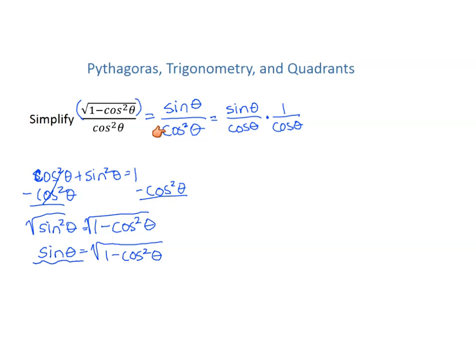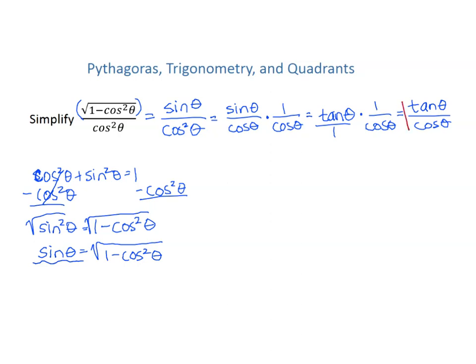Because all I did here was take the cosine squared and break it up into cosine times cosine on the bottom. Then I can keep going because I know that sine over cosine is tangent. So I could write tan theta times 1 over cosine theta. And I could even simplify that a little bit more if I put this over 1. And I could write tan theta over cosine theta.